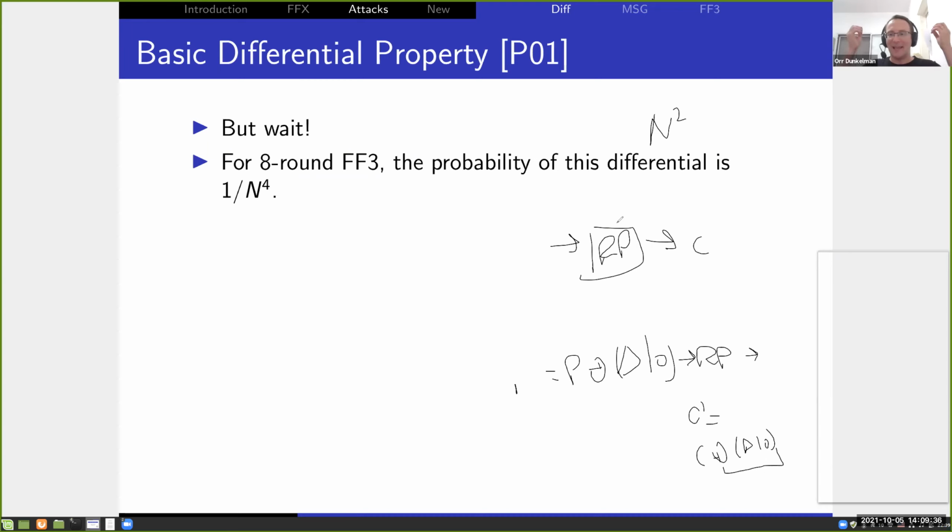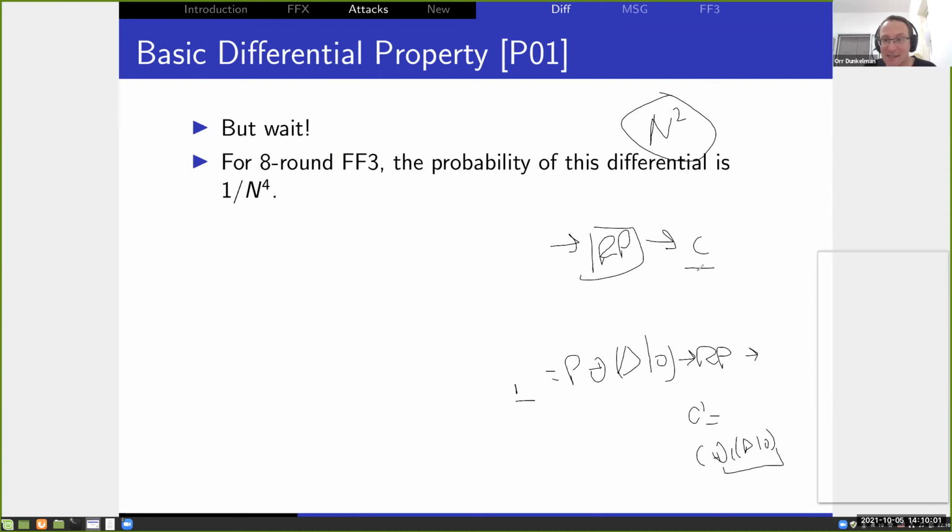Indeed, look at the condition from the perspective of the differential game. I ask you the question, what's the probability that I take P and P prime, two values that I defined somehow, and that their ciphertexts satisfy some condition, let's say n over n squared values.